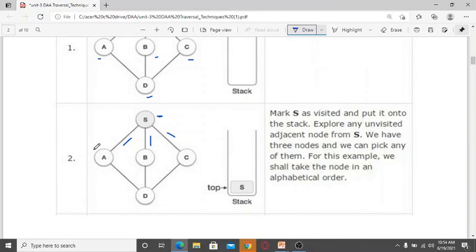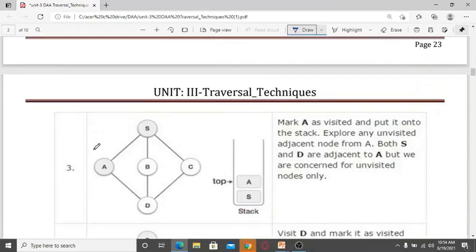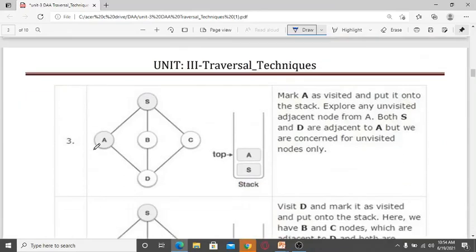So what do we need to take next? The next in alphabetic order is A. So I am going to A now. From A, how many adjacent vertices are not visited? Only one.